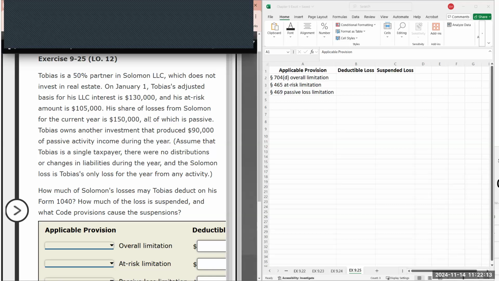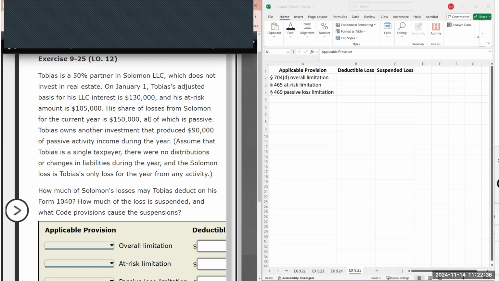So here we have these several losses that take place. That's one of the things as it relates to a partnership, right? There are different ways in which losses are allocated and treated, ultimately depending on the basis in the partnership. So in this case, we need to account for these applicable provisions.